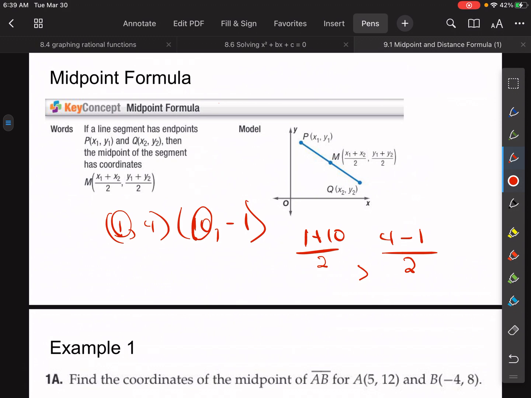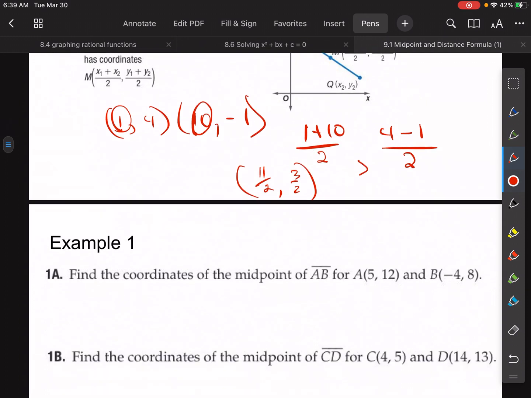So the coordinate of the midpoint between those 2 points would be 11 over 2, 3 over 2. And you might want to turn that into decimals so you know where you're at. So that would be 5.5 and 1.5, right? So that's how you find the midpoint between two coordinates.